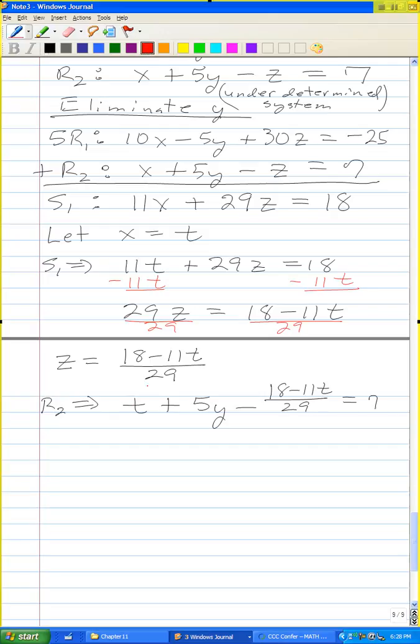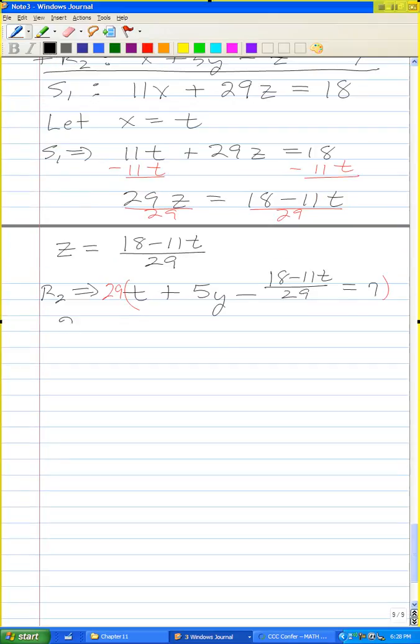Let's multiply both sides of my equation by 29. And so I get 29t plus, let's multiply 29 times 5, 145y, minus, the 29's cancel, so the negative outside makes that negative 18 and negative 11t makes that positive 11t, equals, 29 times 7, 203.